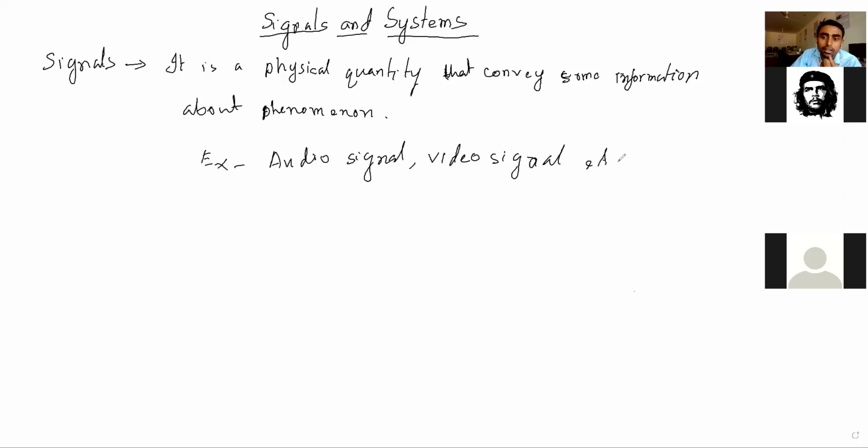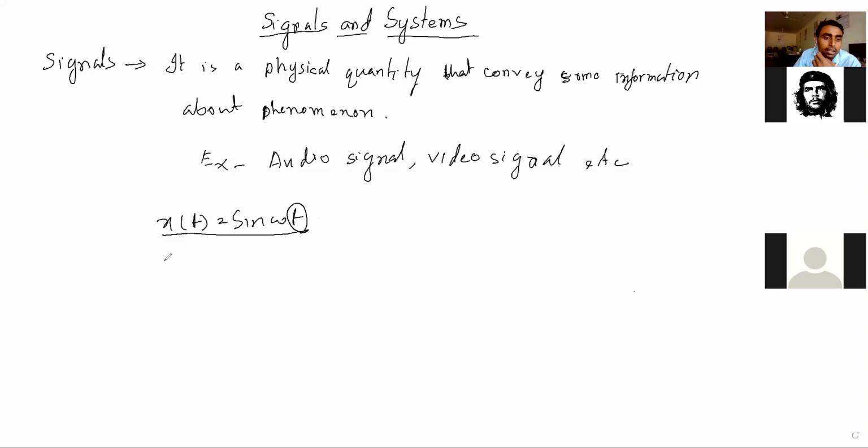Earlier we wrote x(t) = sin(omega t). We know this term, sin(omega t); we had it in class 12 or class 10. Here you can see that this is a function, where t is a variable, the independent variable.